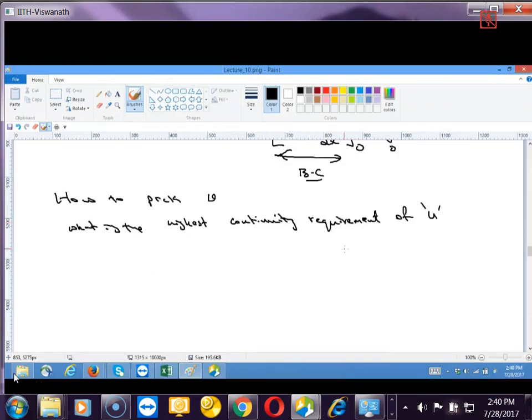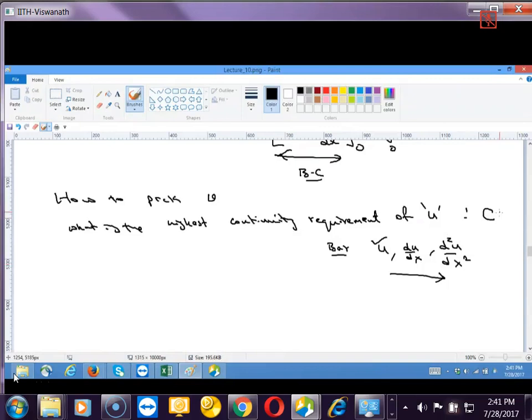Here in this case, because of the bar, U has to be continuous, du by dx has to be continuous, d square u by dx square has to be continuous. If you find all these three, then only you can get your solution. That is, the continuity requirement for U is C2.